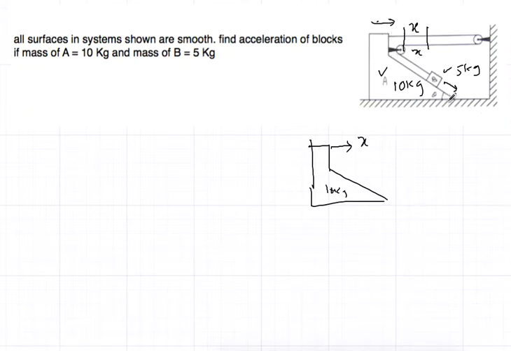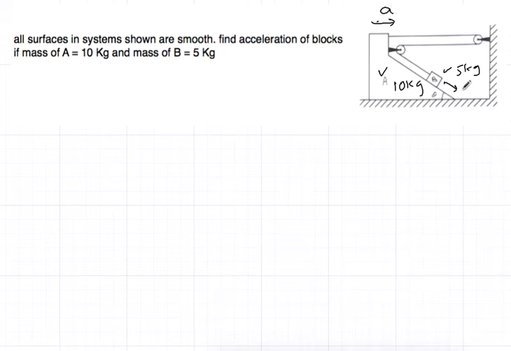If 10 kg is going in this direction a distance x, there are two threads which will lose a distance x, a combined distance of 2x, which will be gained by this rope. So can I say that if 10 kg is going in this direction with an acceleration of a, B will go in this direction with an acceleration 2a with respect to 10 kg.